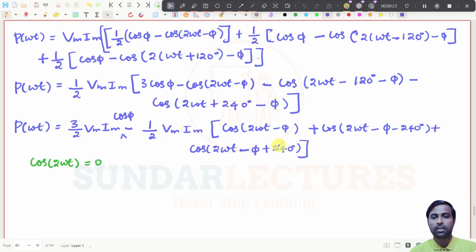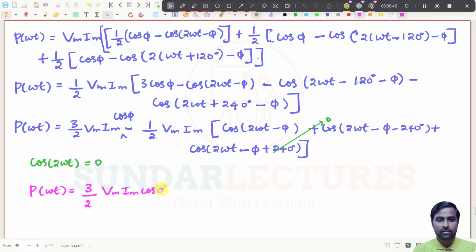See, this whole term will now become 0. So what is the final expression of P of omega t? P of omega t can be written as 3 divided by 2 Vm Im cos pi, right?